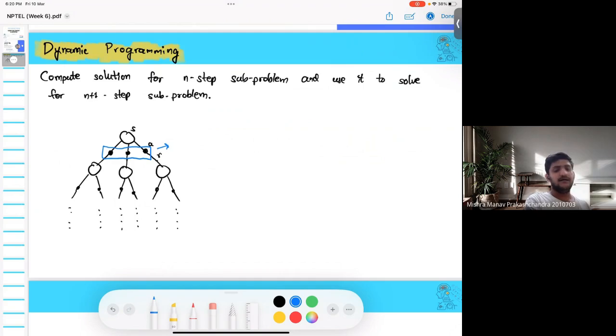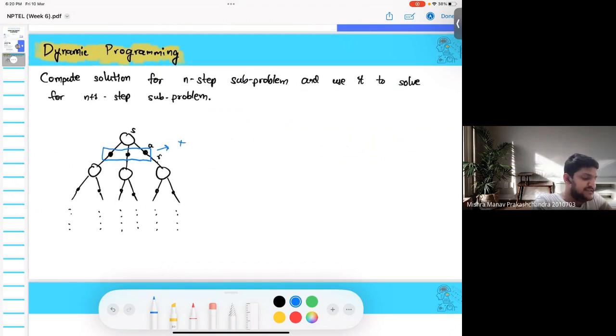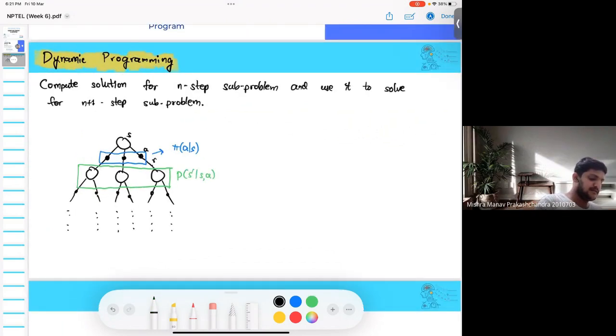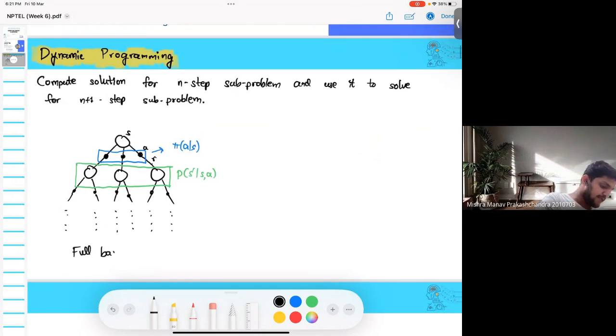This bunch of black dots is nothing but my policy, pi of A given S. It's the probability that I select action A when I'm in state S. And the green box in the second step is the probability of going to state S prime given state S and action A. These are the two probabilities that this shows, and you call this the full backup for v pi. What is v pi here? v pi is the value function associated with state S.